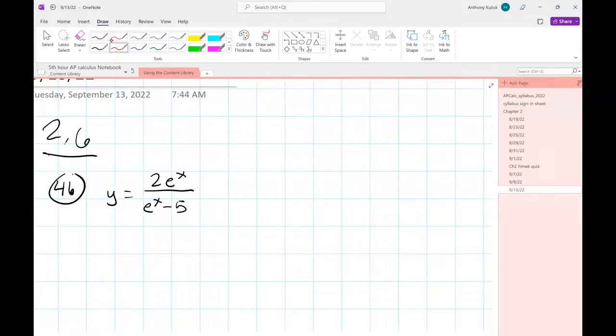So the vertical asymptote we'd assume occurs where the denominator approaches 0, right? So to get the x by itself, we do the natural log.